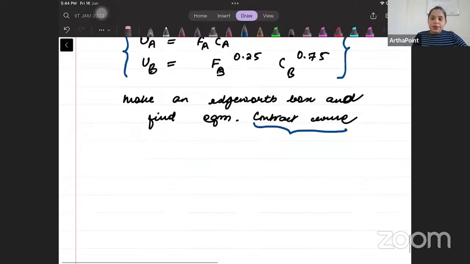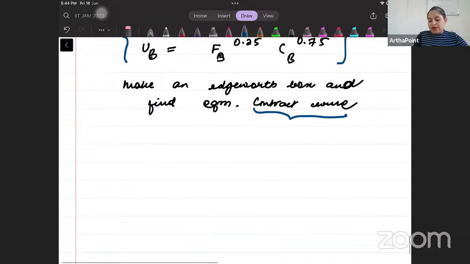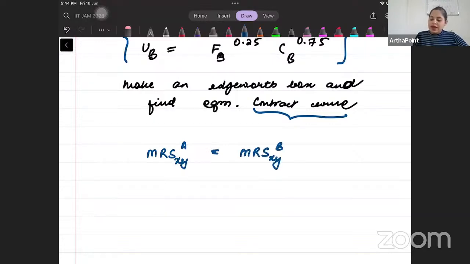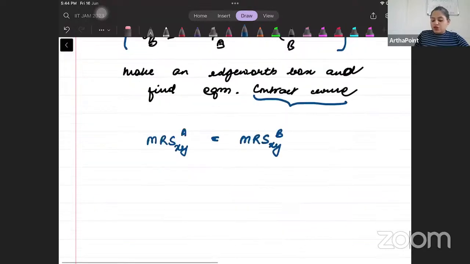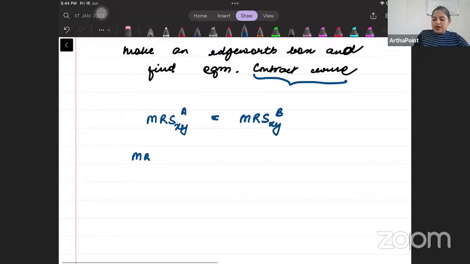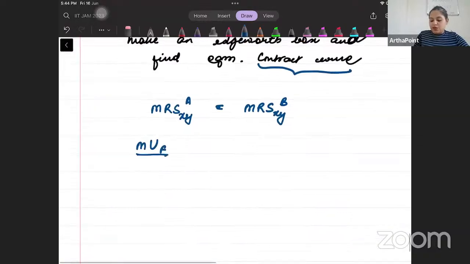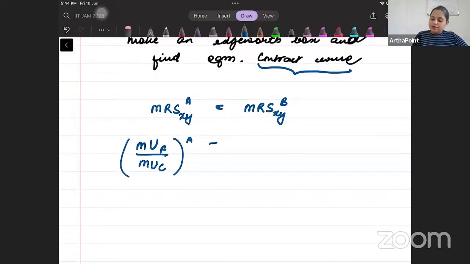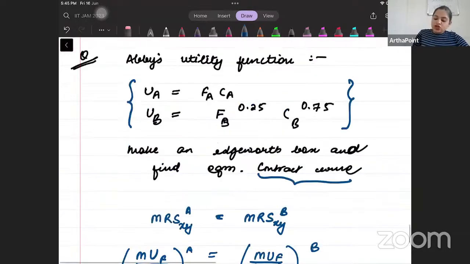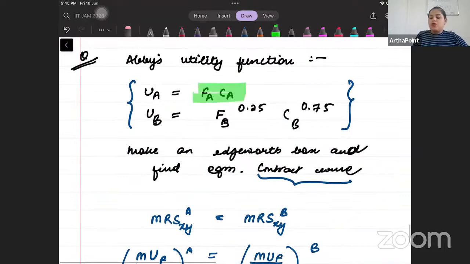So I know that equilibrium can only be found where the MRS of individual A is equal to the MRS of individual B. MRS of A, beta, will be, when you differentiate, MU F by MU C for A. This should be equal to MU F by MU C for B. So if I differentiate this with respect to F, what will I get?